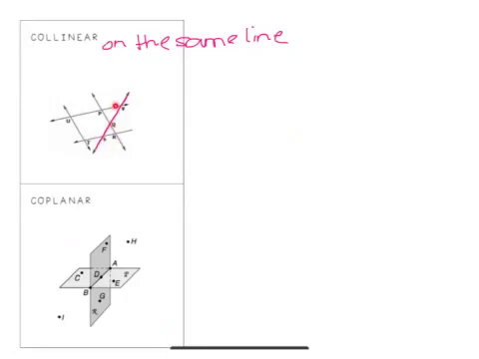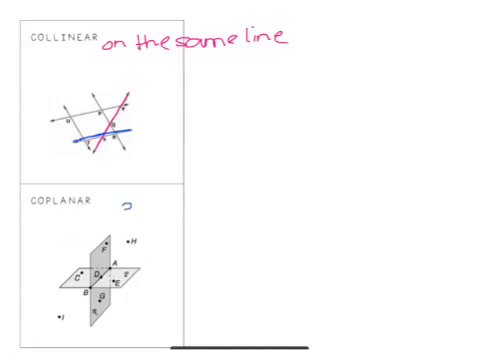S, Q, and V are collinear. Let's take another example. T, S, and R are collinear. So S is collinear with R, but S is also collinear with Q. So if they fall on the same line, then they're collinear.